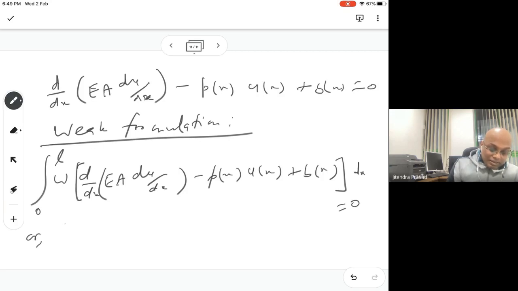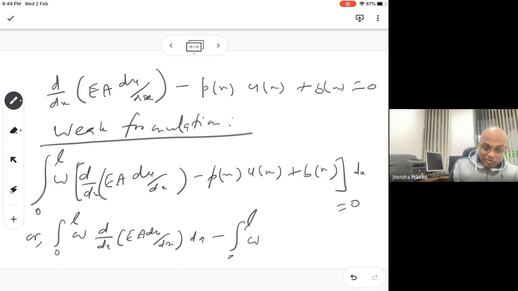We can expand it: integral of W d/dx of EA du/dx, minus integral from 0 to L of W p_x u_x dx, plus integral from 0 to L of W b_x dx, equal to 0.